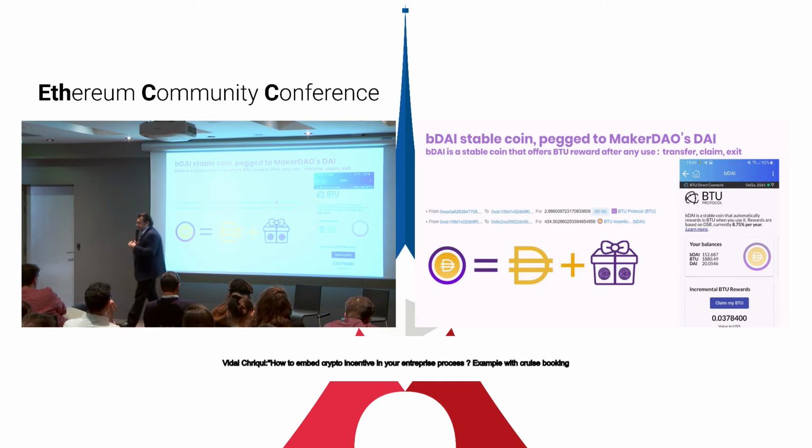So that's very powerful. You can see even in our DApp that the rewards are incremental and based on the time on which you hold the BDAI token. So it's very interesting that it's very stable. So a BDAI is like a DAI, but you get a gift whenever you want to use it.